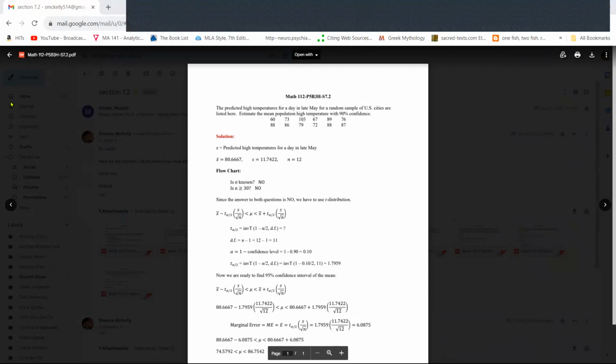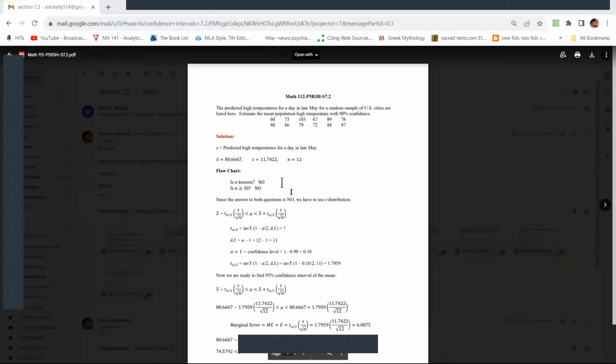By definition, and you can see this in the slide, the degree of freedom is N minus 1. So that's always whatever number of data values you have minus 1 from that. So that's 12 minus 1, which is 11. You put it in your calculator.